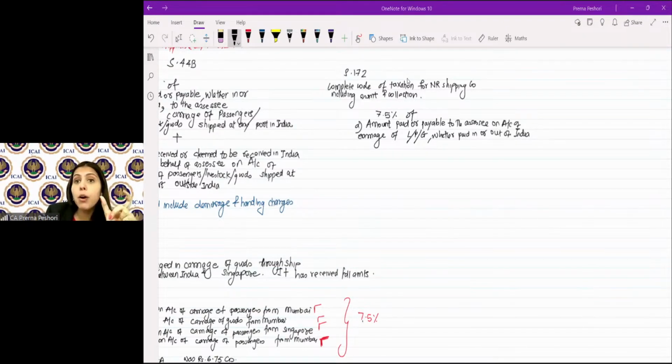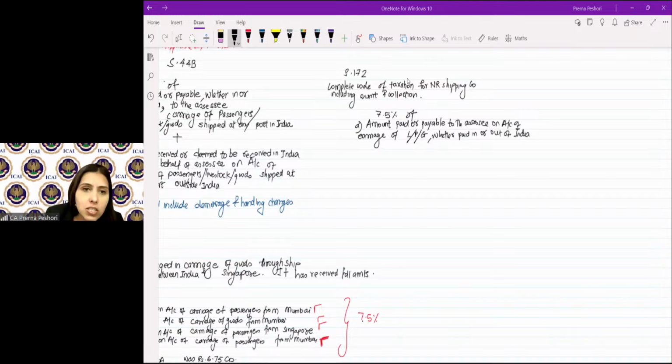Here, they are not talking about the amount received in India on account of the shipment to a port outside India. What they are talking about is the amount received or receivable on account of the carriage of the passenger, livestock, or goods, whether that amount is paid in India or outside India. They are not even talking about where the port is, whether the shipment is in India or relating to a port outside India.